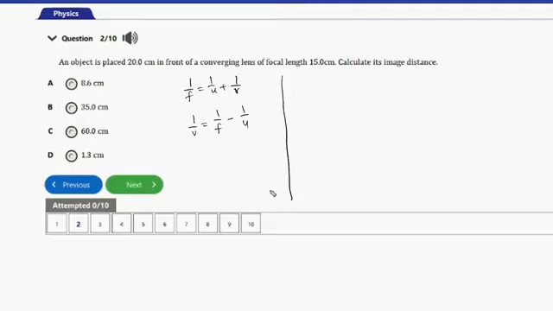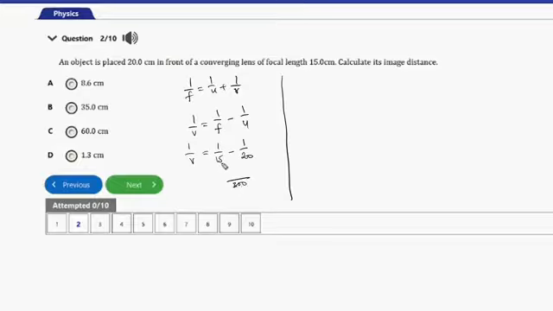So when we do that, 1 over f is 1 over 15, minus 1 over u, which is 1 over 20. And if we look for the LCM of the two in order to subtract here, 20 and 15 will have an LCM of 300.